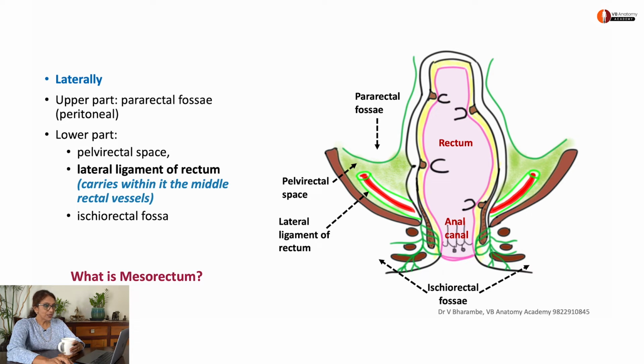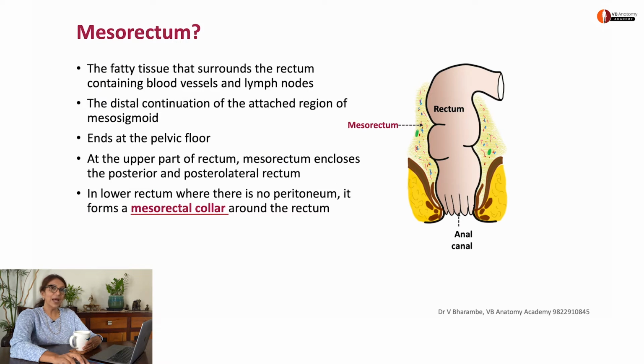So we come to a question, what is the mesorectum? Now the mesorectum actually is not the mesentery of the rectum, because the rectum does not have a mesentery, but it's a fatty tissue that surrounds the rectum containing blood vessels and lymph nodes. It's a distal continuation of the tissue of the mesosigmoid.